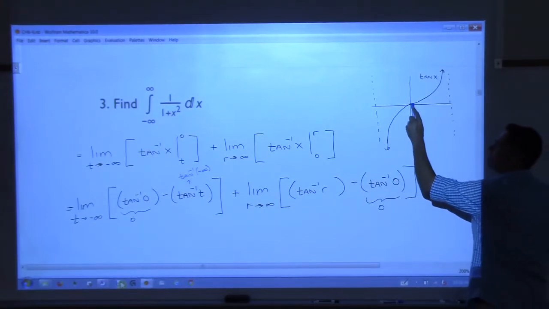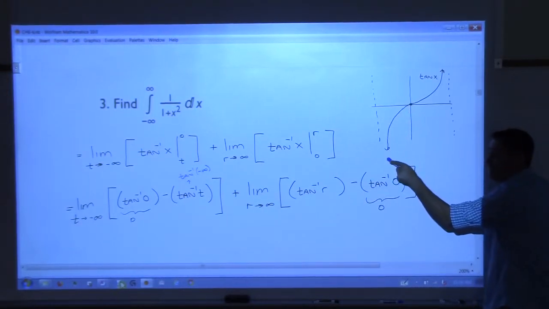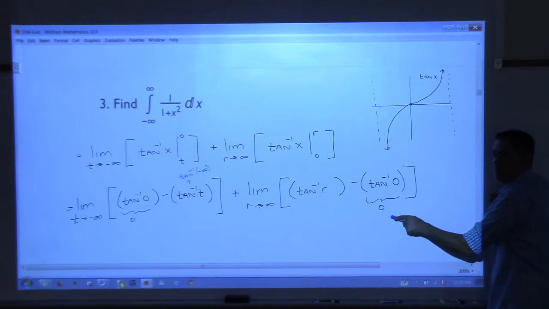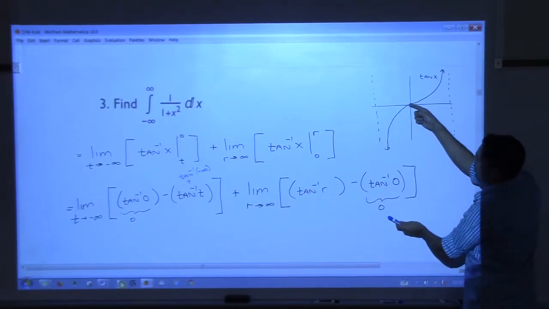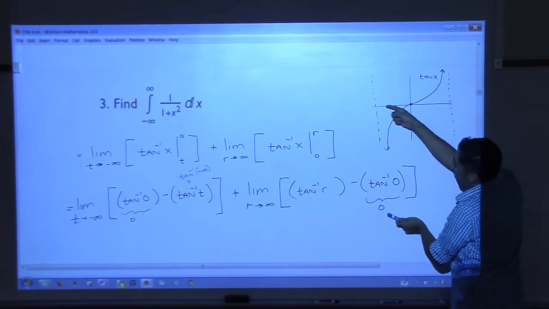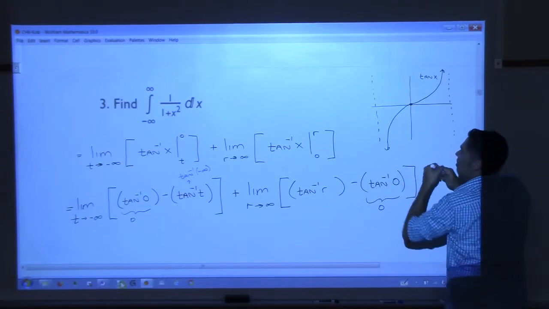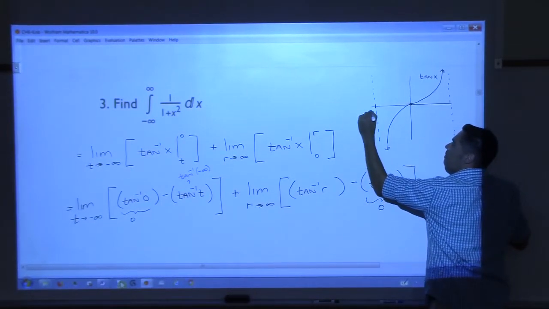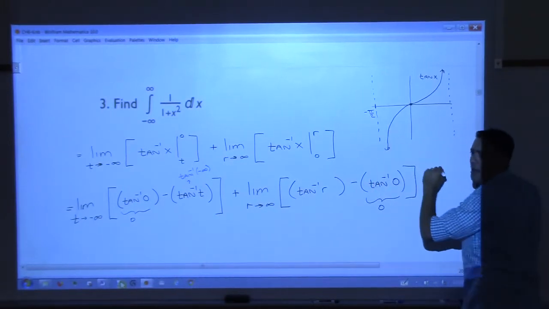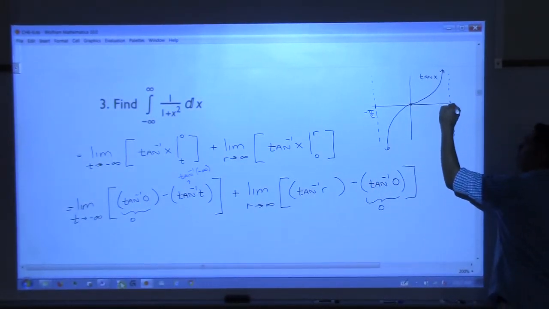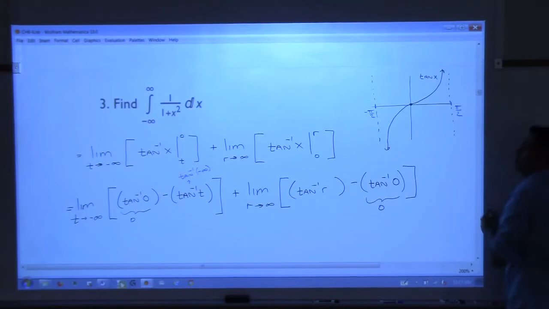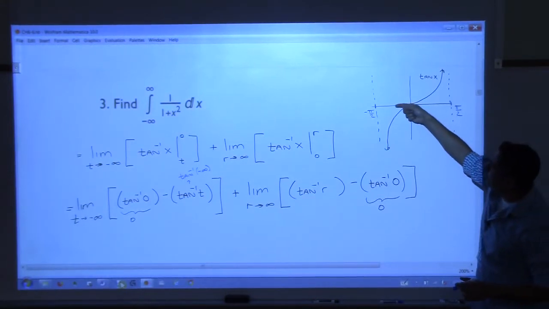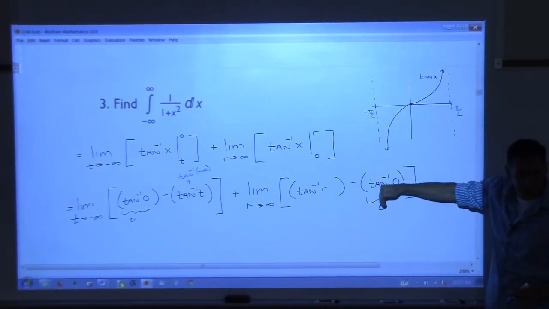I mean, like the graph does this. It starts heading to negative infinity, right? But it never gets there. But the closer our x-coordinate gets to what? What is this point right here? Where do we have that vertical asymptote? Negative pi over 2. That's the vertical asymptote of the tangent function. And this one right here is pi over 2. So that, again, pre-cal. So as our x-coordinate moves to negative pi over 2, the tangent function dives down to negative infinity.